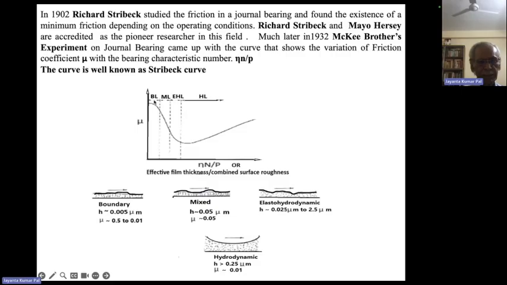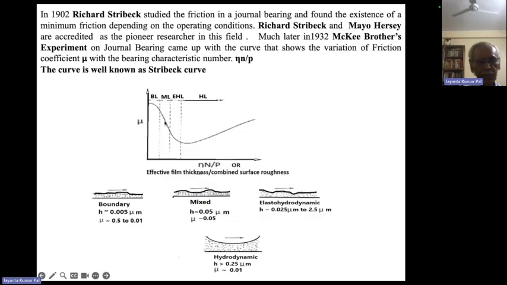Boundary lubrication, where surfaces are fairly close together and friction is fairly high. Then there is mixed lubrication, where some parts of the surfaces behave like boundary lubrication, and some parts behave like hydrodynamic lubrication, and this is why it is called mixed lubrication.